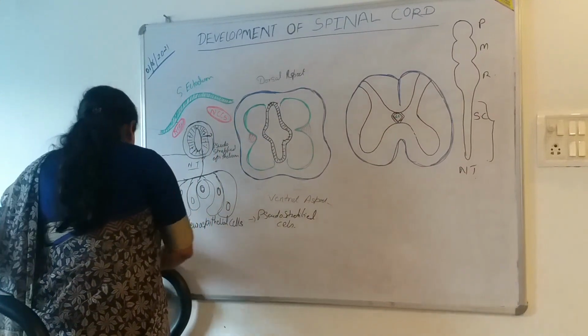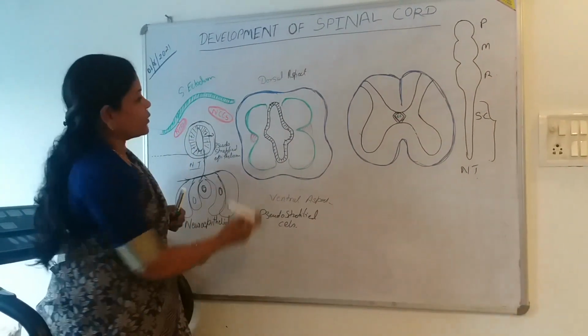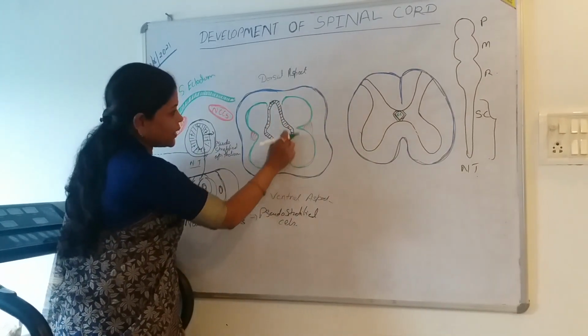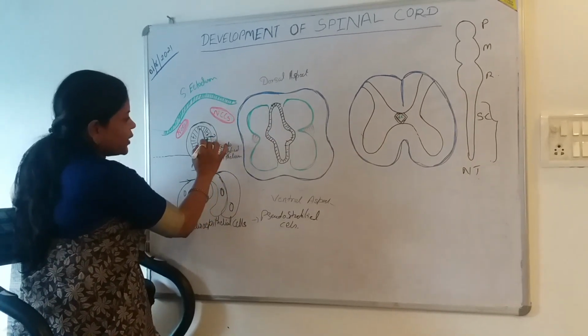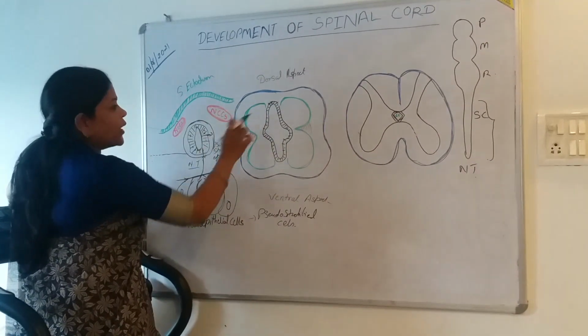And this layer is known as what? Look here, I have drawn the diagram for you all. This is the lining epithelium or the epithelial layer, and the cells are migrating. Look here, the neuroepithelial cells are migrating from here, and where are they going?